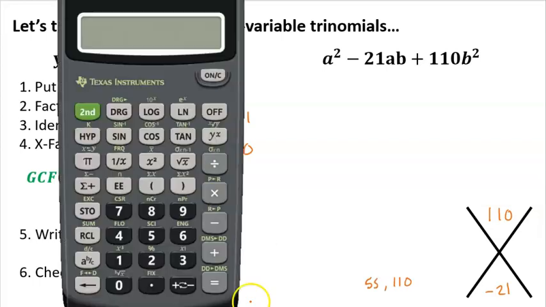And then if we need to use our calculator, then use your calculator. Divisibility rules, if the digits add up to something that is divisible by 3, then it's divisible by 3. 1 plus 1 plus 0 doesn't work out. Let's try 4, and that doesn't work.